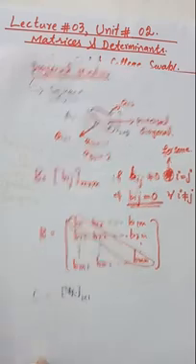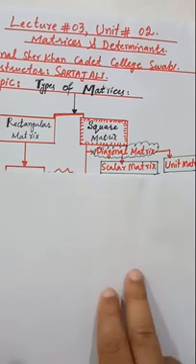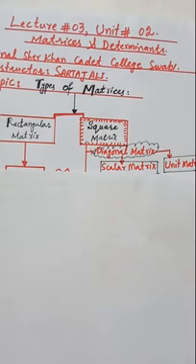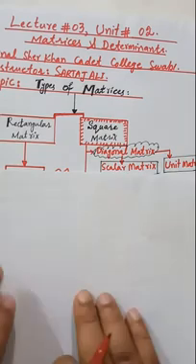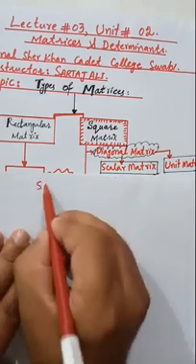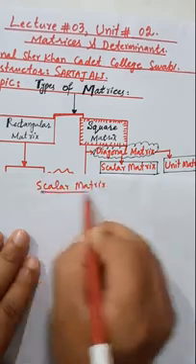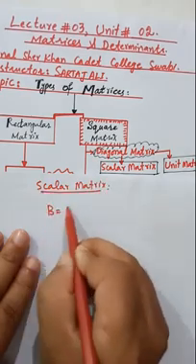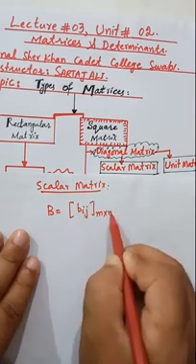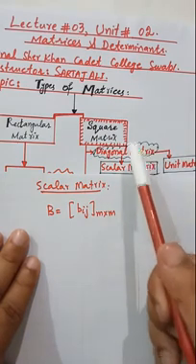So this is the definition of a diagonal matrix. Now after the diagonal matrix, I am discussing the scalar matrix, which is a subtype of the diagonal matrix. For example, let's say B is equal to b_ij of order m, a square matrix, because a scalar matrix is a diagonal matrix, so it must be a square matrix.